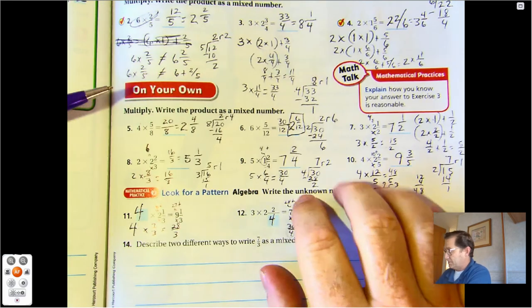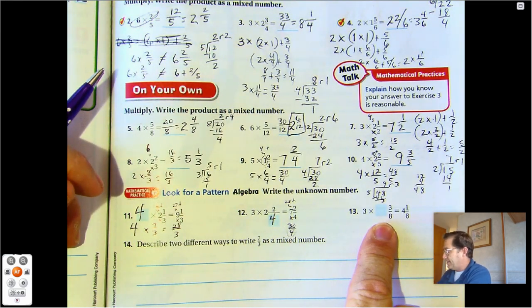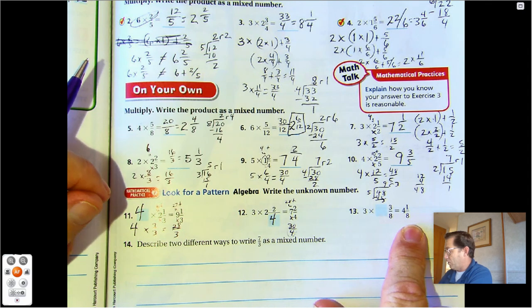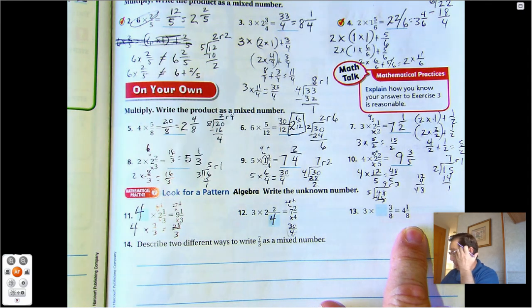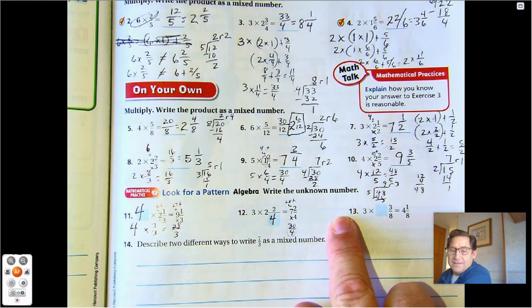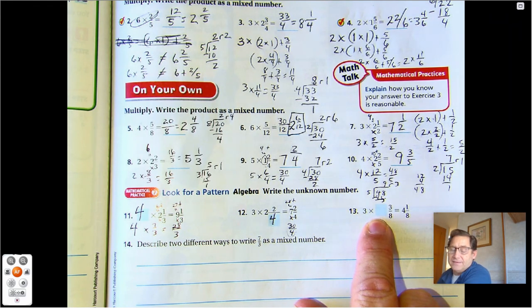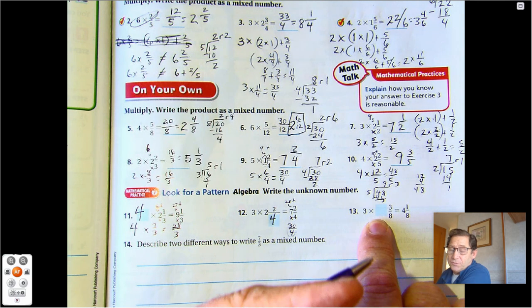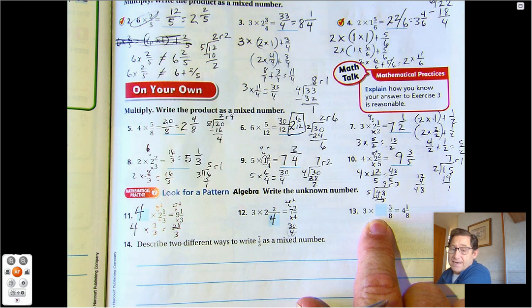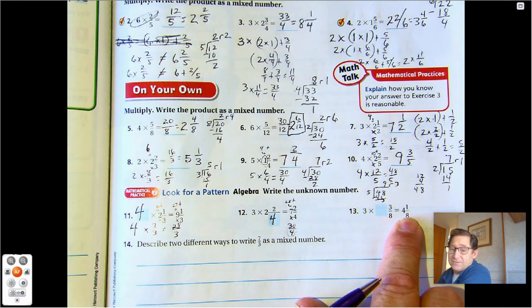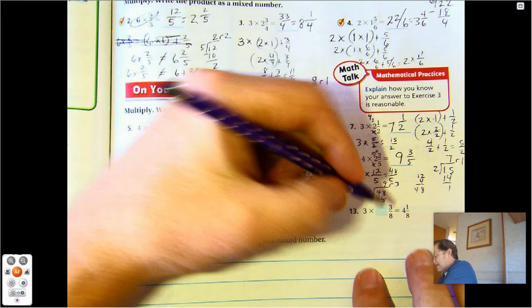All right. So something and 3/8 equals 4 and 1/8. Well, since this is 4, I know that this number must be at least 1. It can't be 2 because 3 times 2 is 6. So this has to be a 1.